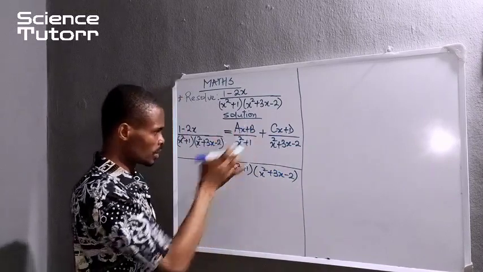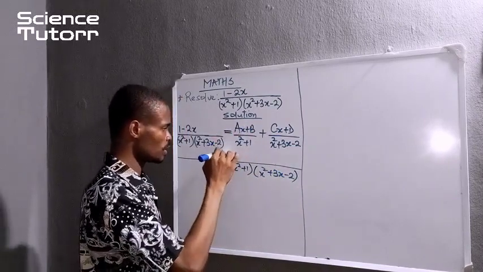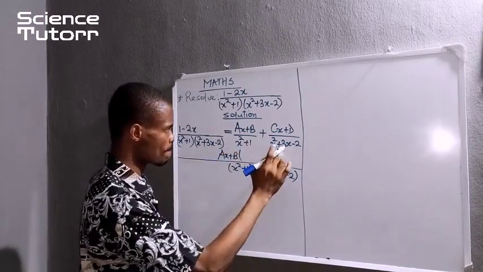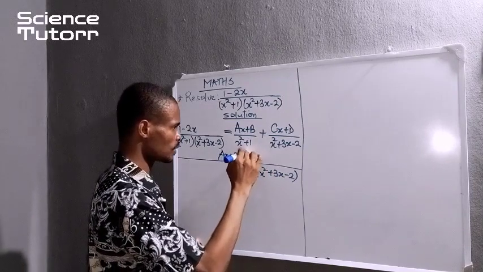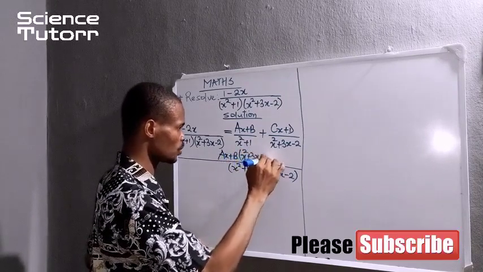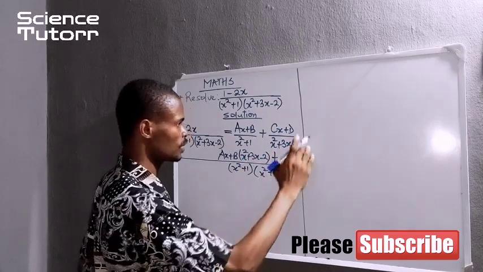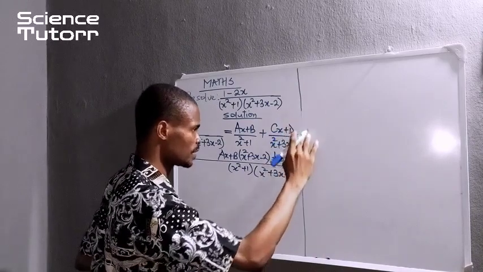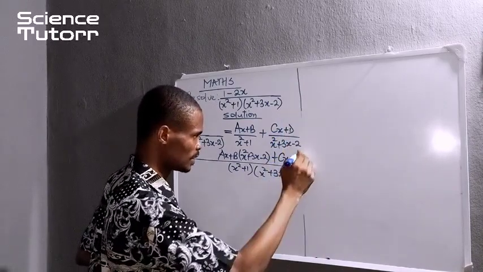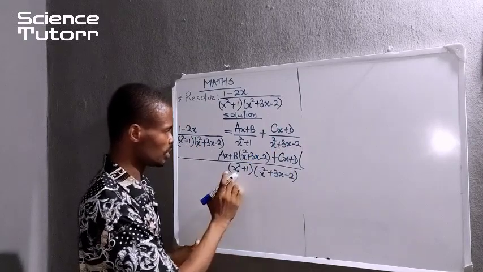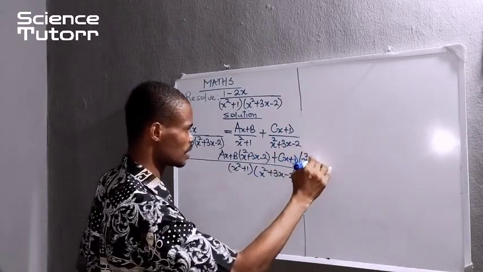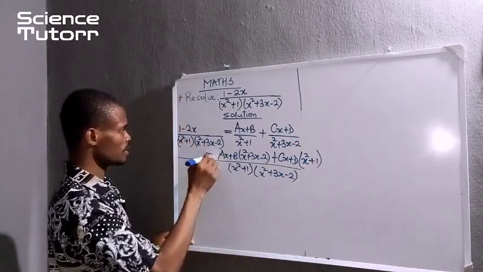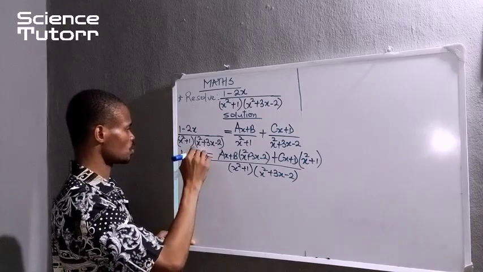So that the first one, this cancels this, so I'll be left with ax plus b into x squared plus 3x minus 2, plus cx plus d into, this cancels this, we are left with this, so we have x squared plus 1. And then on this side, we have our 1 minus 2x.